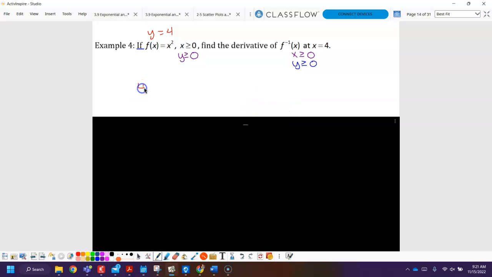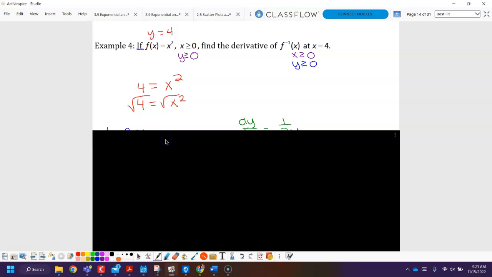So here you have 4 equals x squared. So 4 is equal to the square root of x squared, thus 2 equals x.